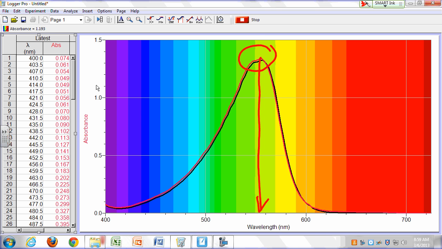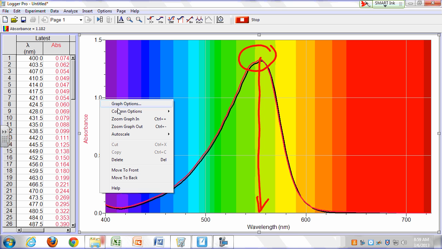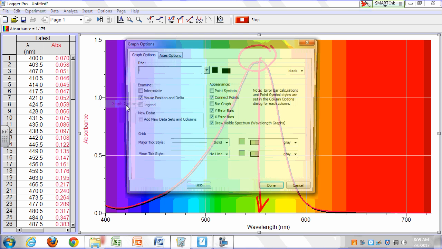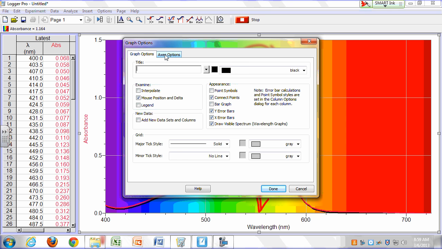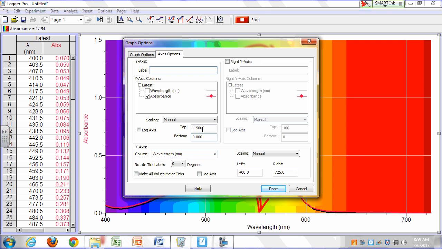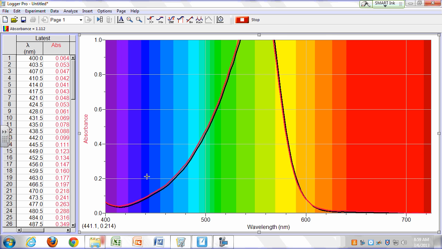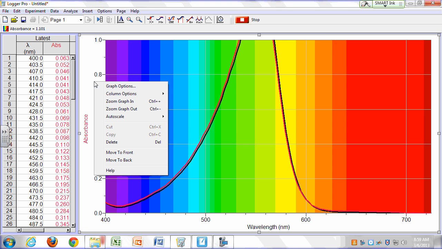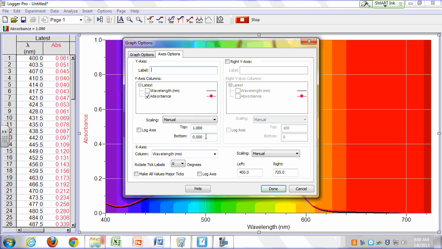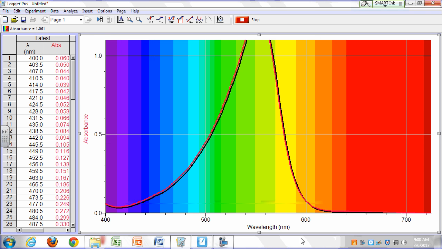Let me change the y-axis option right here for now. So I'm just going to get it from 0 to 1. And change that scale from 0 to 1. And let's wait for that to hit. Let's change that to 1.1. Hit 1.1. And let's wait for that to hit 1.